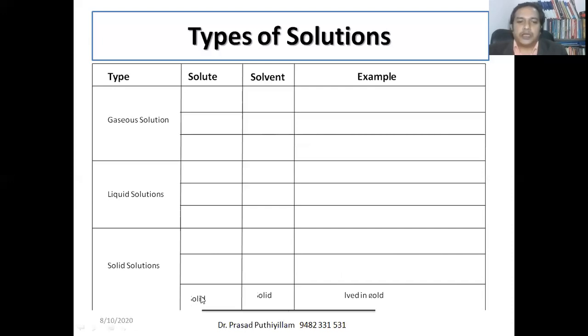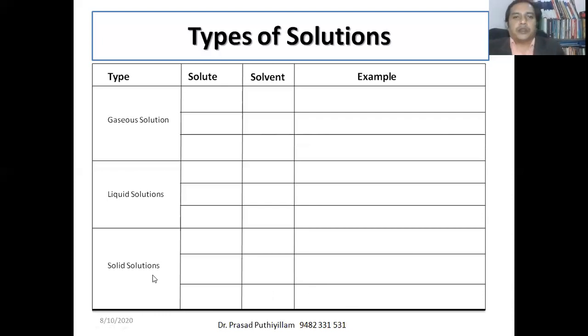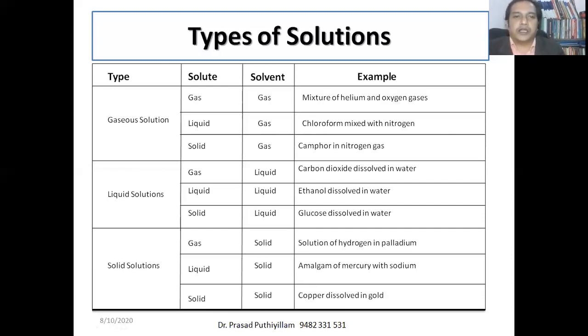And the last one, solid in solid, that is a mixture or alloy like copper present with gold, is an example for solid solution. So these are the different types of solutions, in which we specified what is solute, what is solvent, and one example each is given for all the different types.